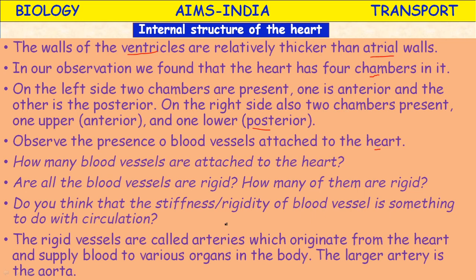Definitely. In some of the blood vessels, valves are also present. Further we will discuss. The rigid vessels are called arteries. Arteries are very strong, stiff, rigid, originate from the heart and supply blood to various organs in the body. The largest artery is the aorta, also called the systemic aorta.